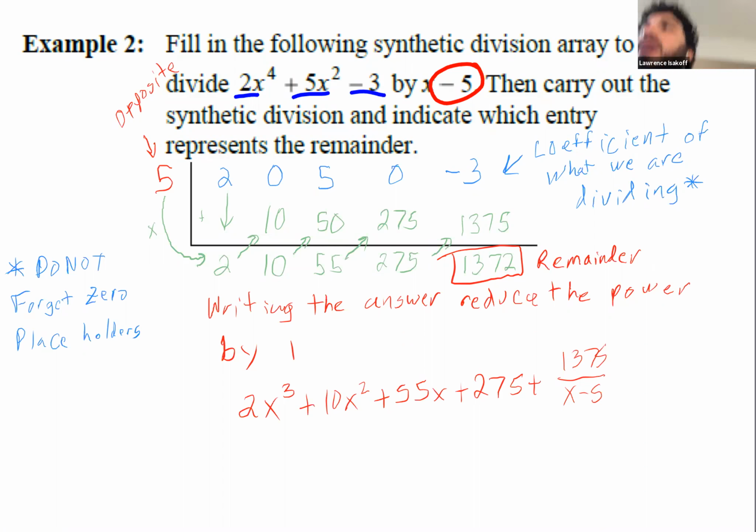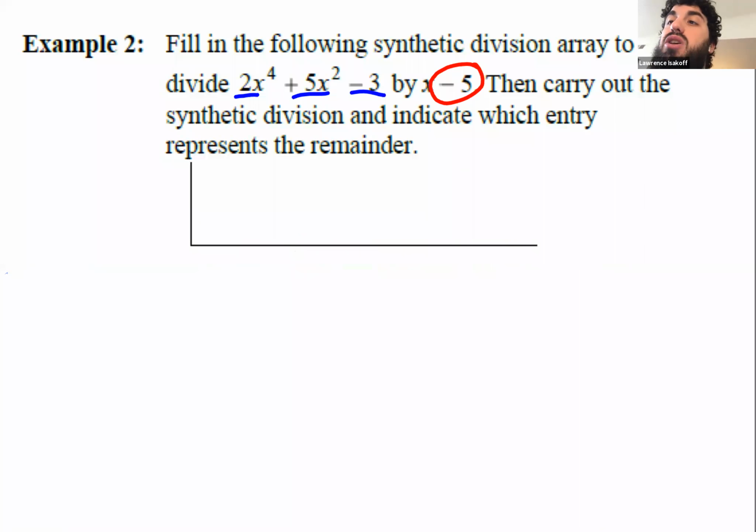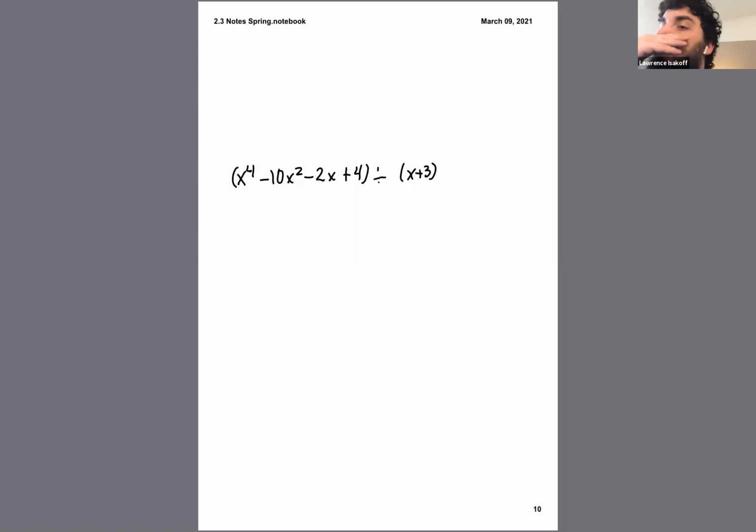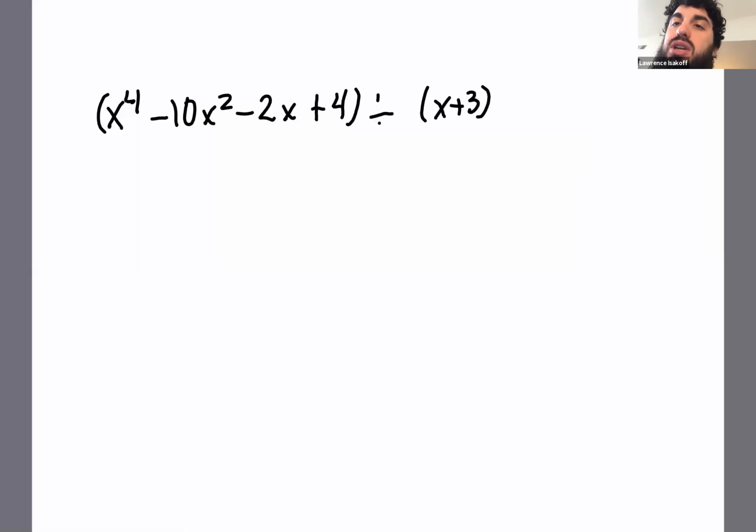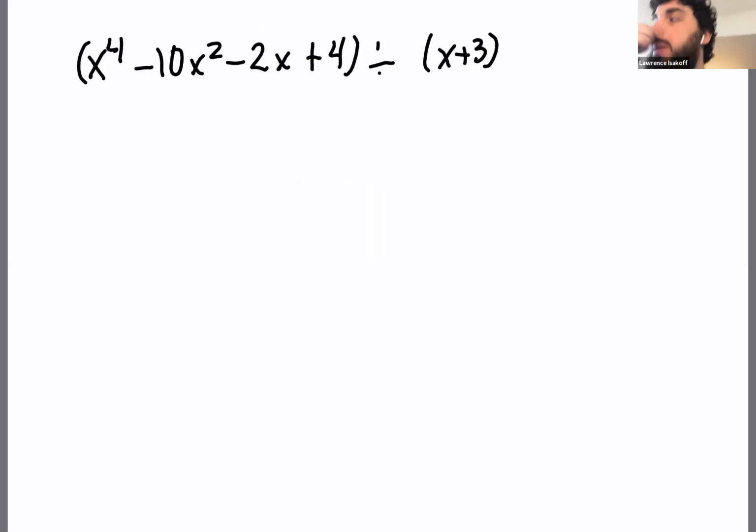So it can be hopefully a rather quick process compared to the long division. I'm not seeing any questions pop up, but if they do, just let me know and we'll go back. So here's another example.